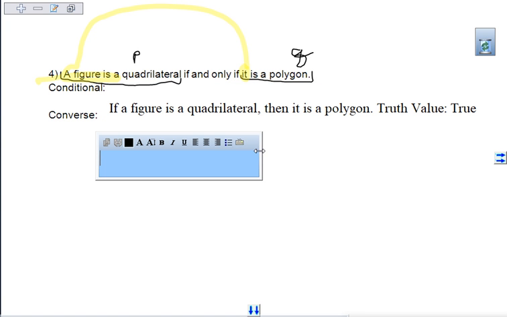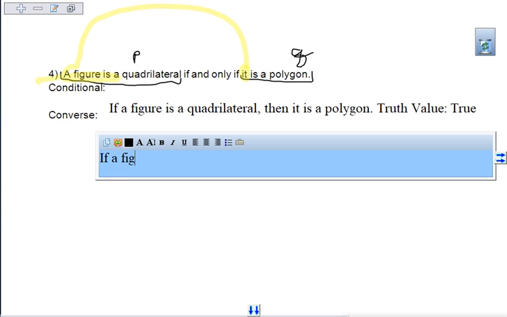Then we need to look at our converse. Remember, converse is flipping the order. So what would our converse be? If a figure is a polygon, then it is a quadrilateral.